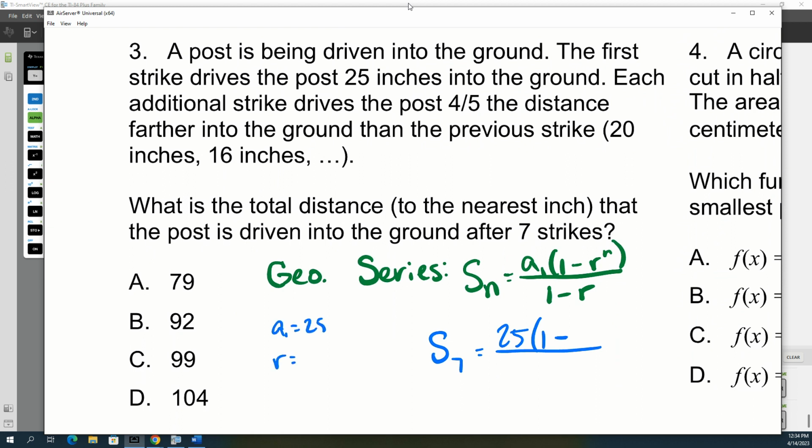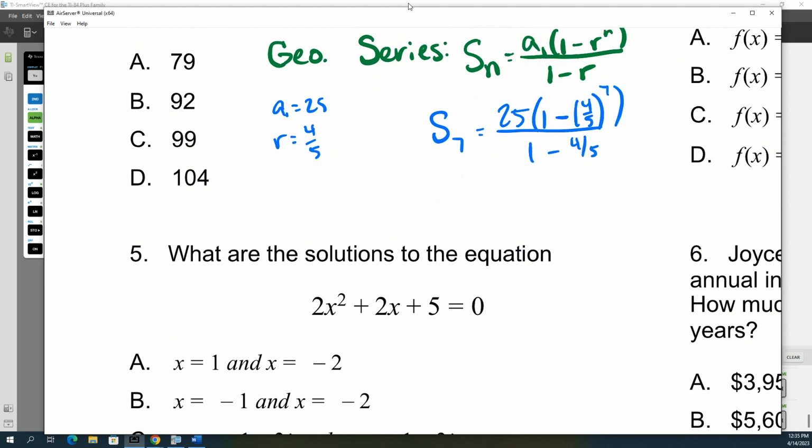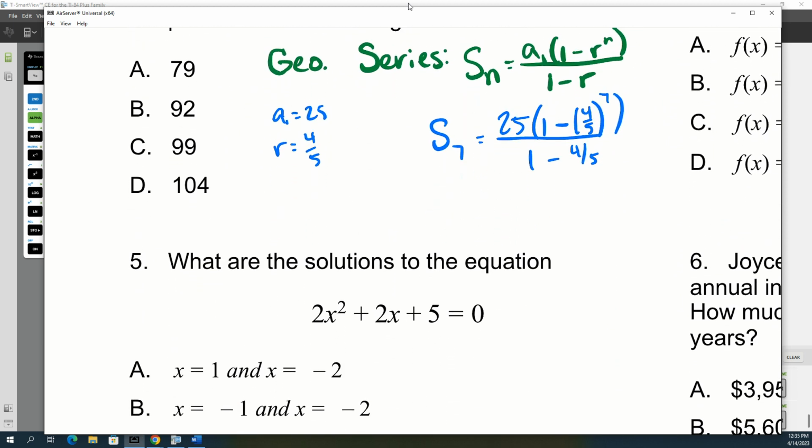And then R is going to be that 4/5. Okay. So I am just going to type that in the calculator like it looks. You guys can too, just to make sure.